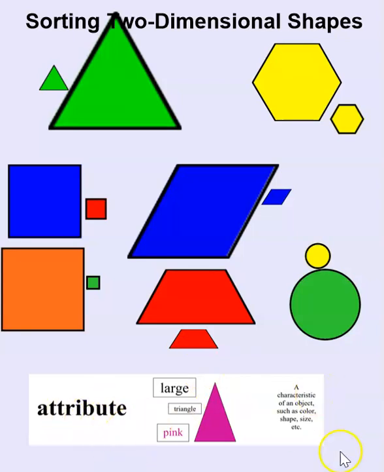So the word attribute means the characteristics of an object. So we're going to be looking at the characteristics of these two-dimensional shapes, and we're going to sort. So we're going to hear that word attribute a lot.